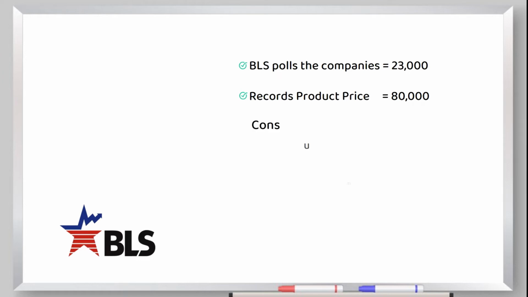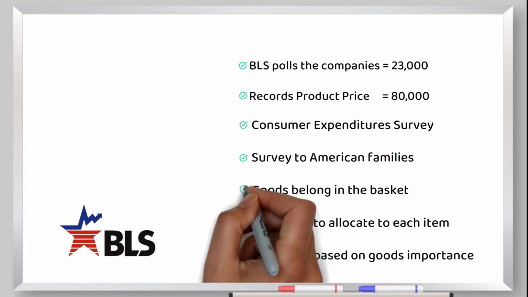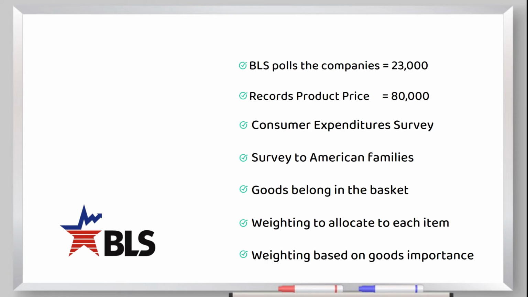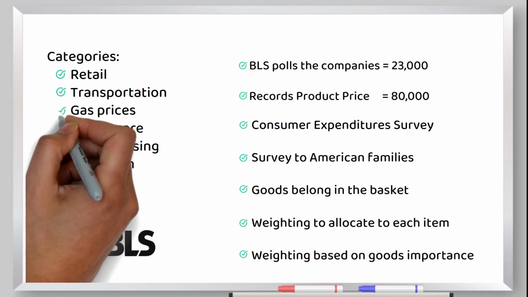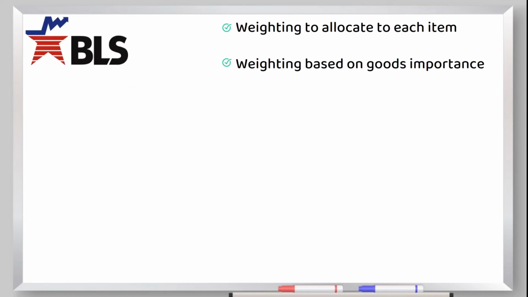In addition, the BLS utilizes the Consumer Expenditure Survey, a survey of American families, to select which goods belong in the basket, as well as how much weighting to allocate to each item. Different costs are weighted based on their importance to the average customer. These are some categories: retail, transportation, gas prices, healthcare, food, housing, education.